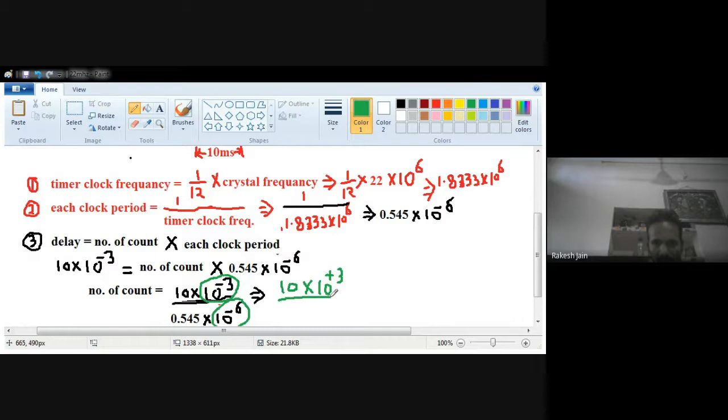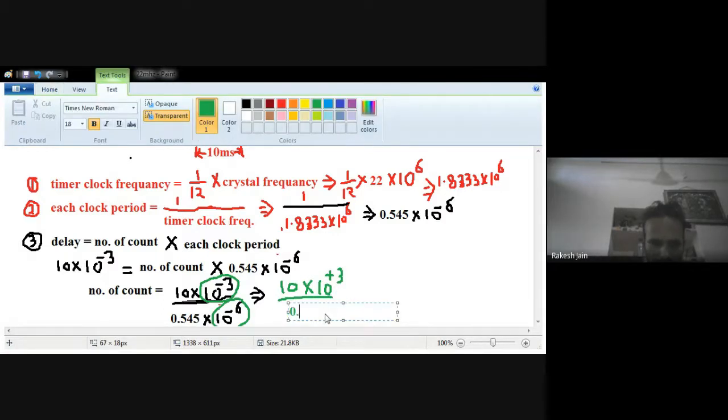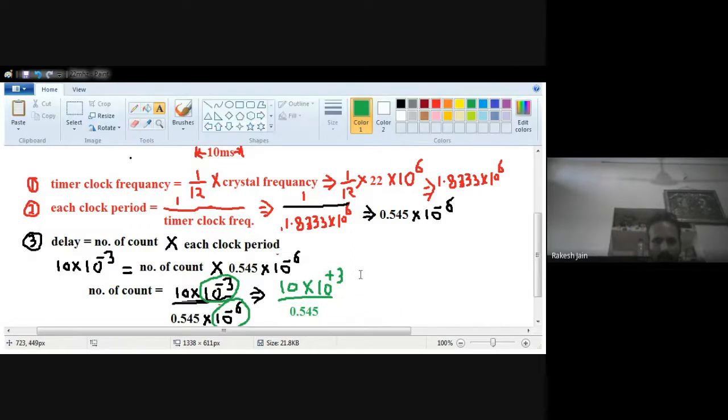Divided by 0.545. So this will be what? This is actually equal to 10 and 3 times 0, that is 10,000, divided by 0.545. What is the answer of this one?